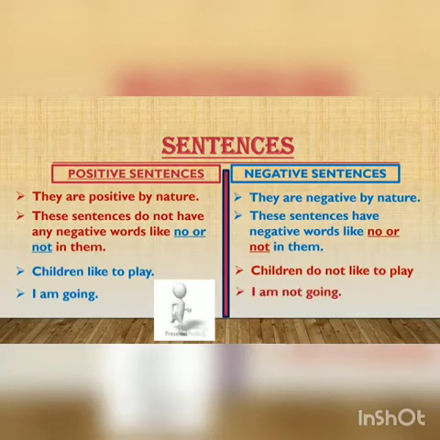I am not going. The word not has been added here, which means it is a negative sentence. So the basic difference is that positive sentences will never have no, not, neither, never in them, and negative sentences will always have them.